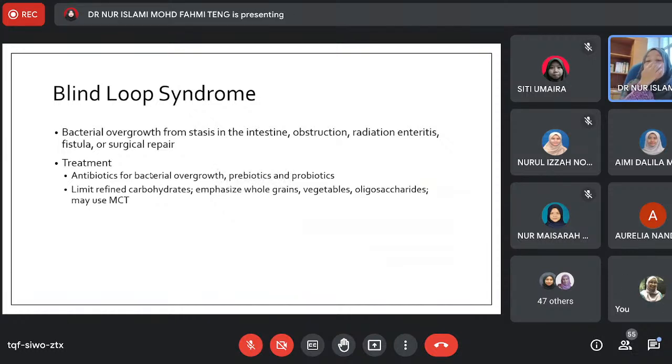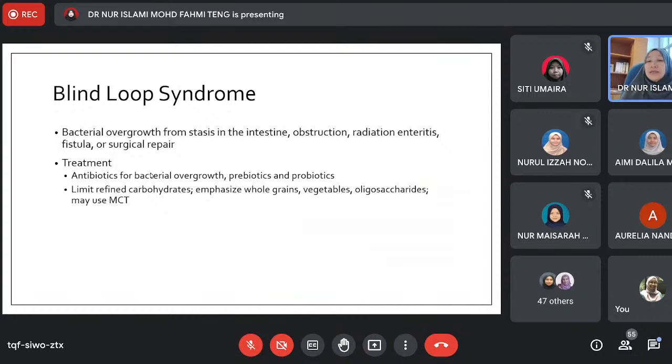Blind loop syndrome is actually bacterial overgrowth from stasis in the intestine, obstruction, radiation enteritis, fistula, or surgical repair. So when there is blind loop syndrome, our treatment includes antibiotics, and we can also consider prebiotics and probiotics.